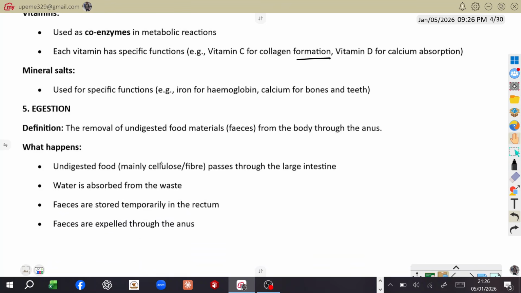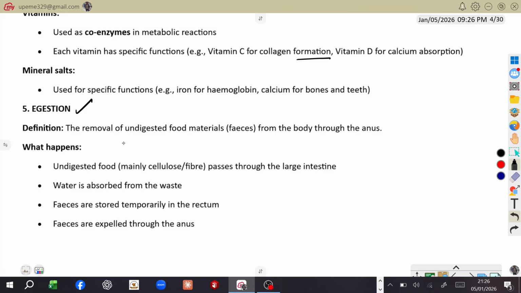All right, then we move to the last process of holozoic nutrition, which is egestion. Egestion is the removal of undigested food materials like feces from the body through the anus.